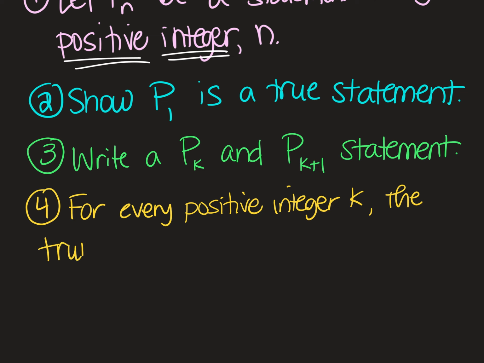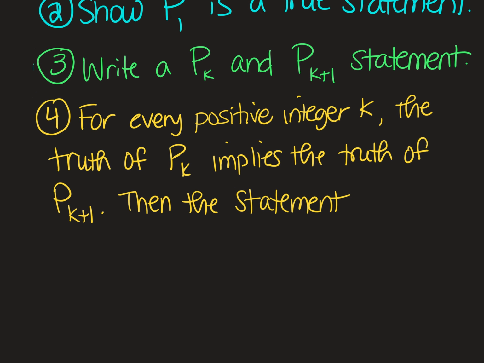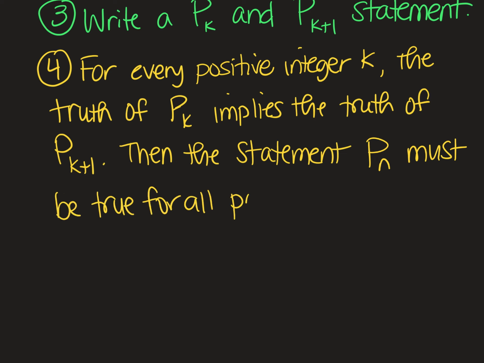The truth of P sub k implies the truth of P sub k plus 1, then the statement P sub n must be true for all positive integers n.